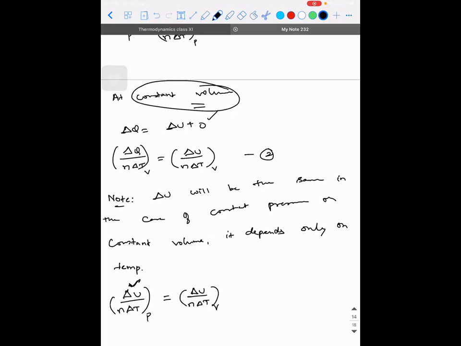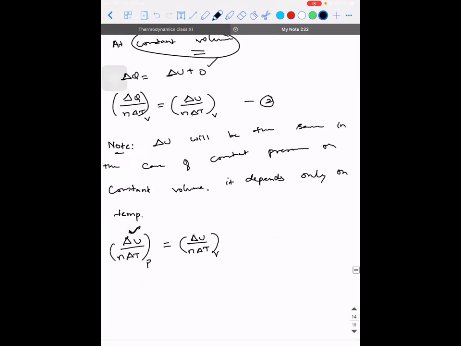But if the temperature is not changing, internal energy will not change. That is what I'm trying to say. So to put it in simple terms, delta U is equal to 0 if the change in temperature is 0. Okay. Please make a note of it. I'm repeating it again. The internal energy of a system is only a function of temperature. Hence, it will change only if there is a temperature change. Else, the change in its value is 0.